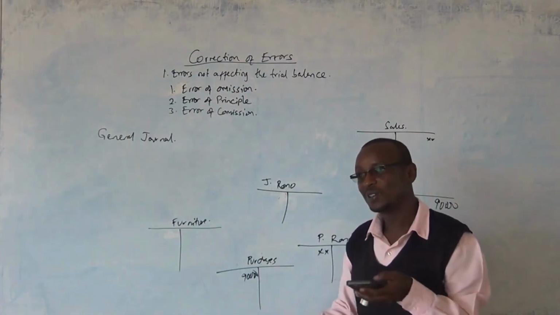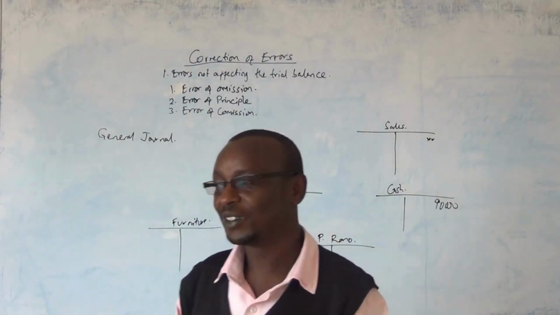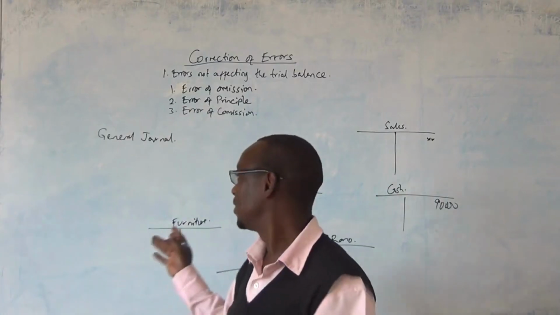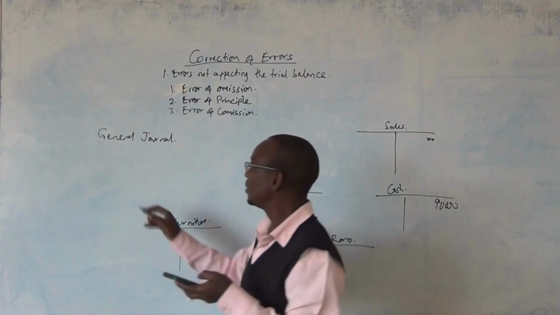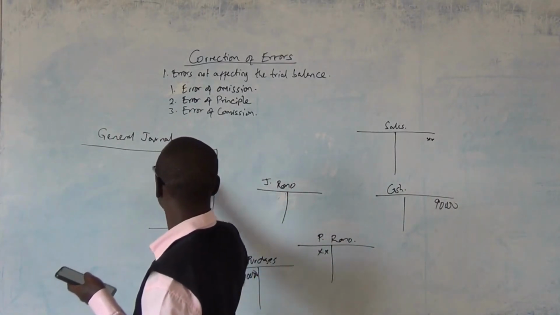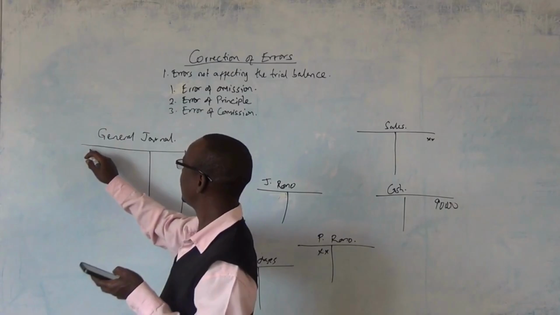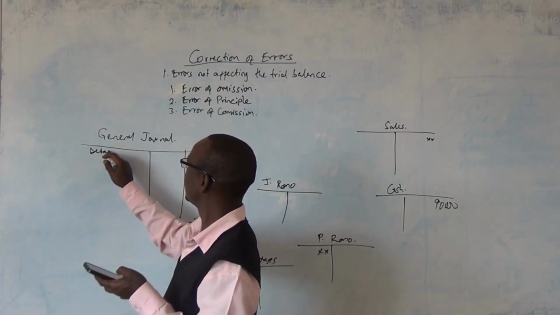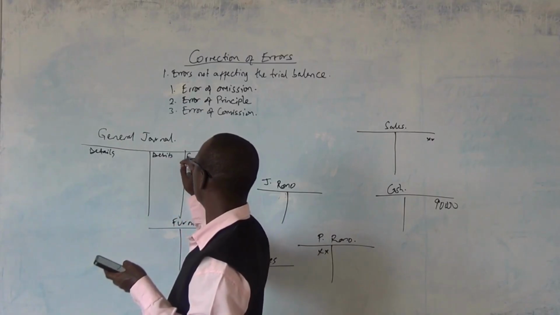That's how we did the issue of shares before the final journal entries. And also there is the correction of errors. A journal looks like this: details, debits, and credits.